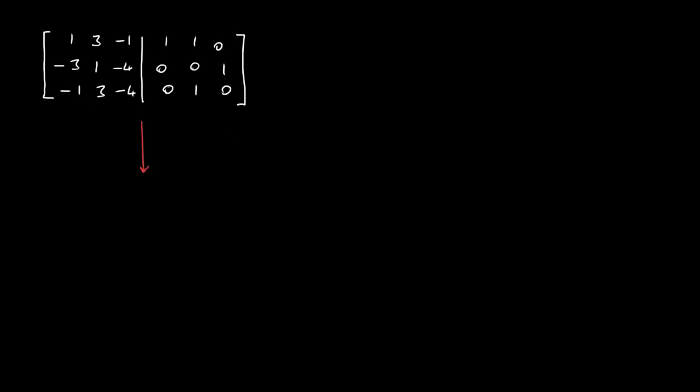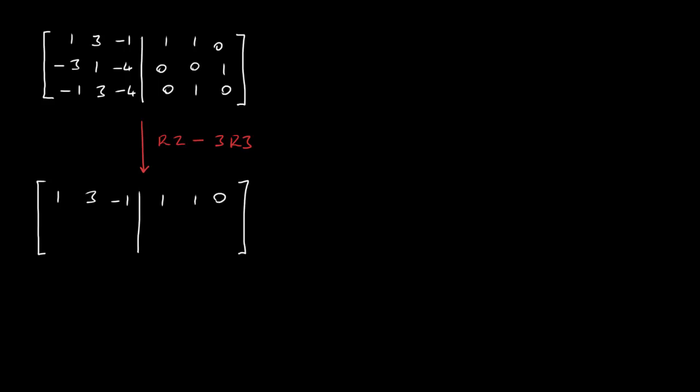Okay, so what I'm going to do here is take row 2 and subtract 3 times row 3. If I do that, row 1 will remain the same, so I'll still end up here with 1 3 -1 and 1 1 0.